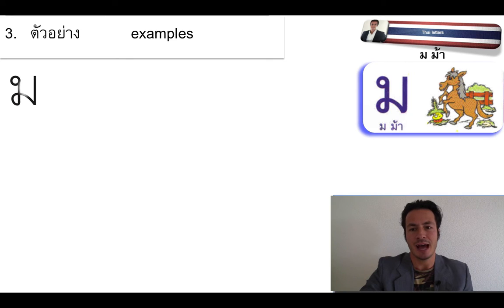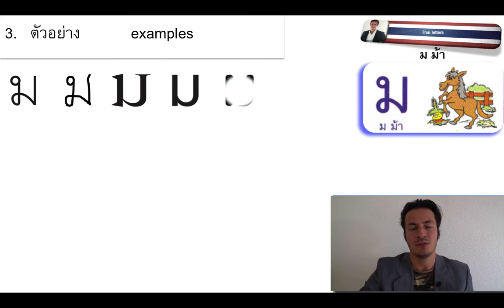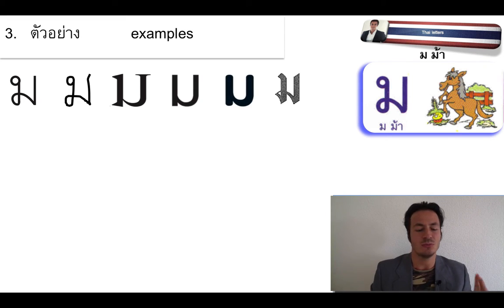Different examples, ตัวอย่าง, of how the มอม้า consonant can be represented or written in different fonts or handwriting, in order for you to get a broad overview of different representations, to tackle different text fragments or font types and detect the มอม้า consonant within those texts.